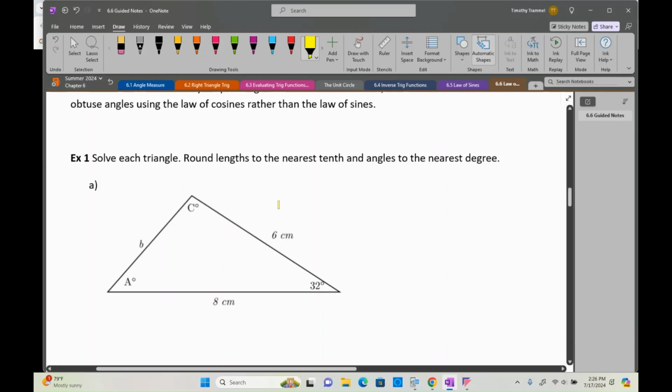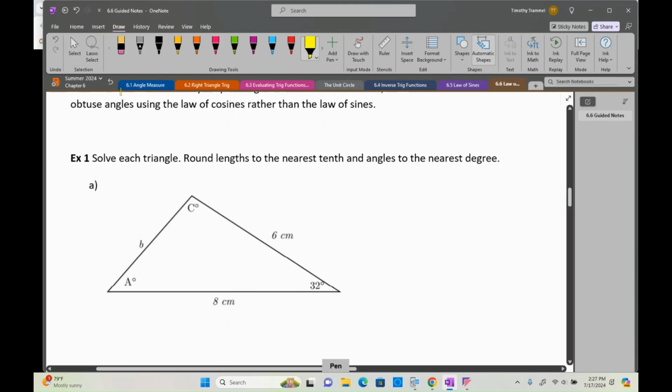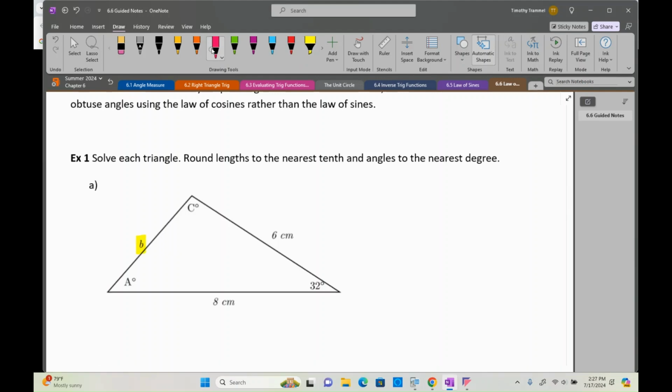Okay, so let's go ahead and give one a try here. So it looks like we have two sides and the angle in between them. So this is sometimes called side angle side, and this is a common type of question that we'll solve using the law of cosines. And specifically right now, I'm going to try to find this side.